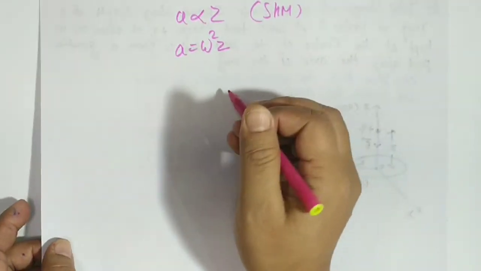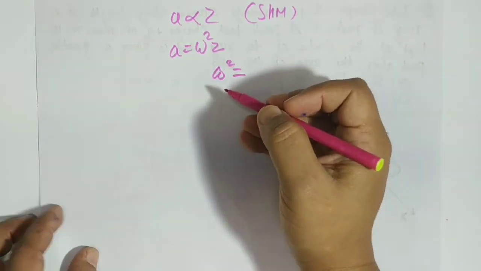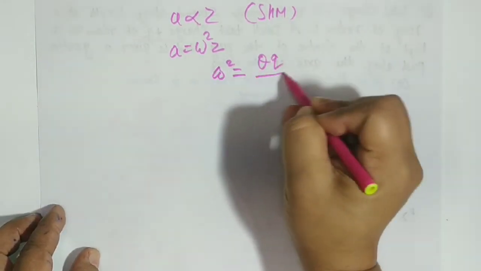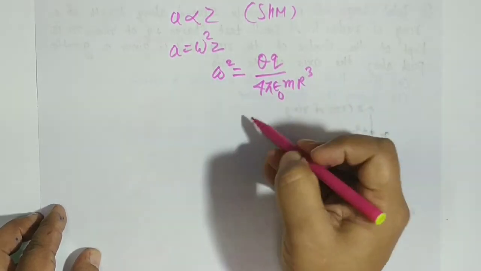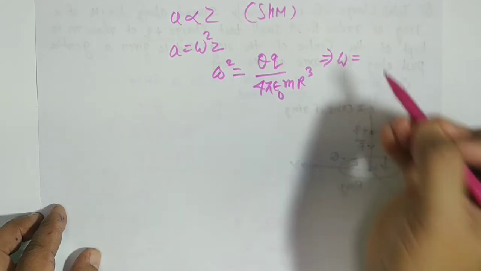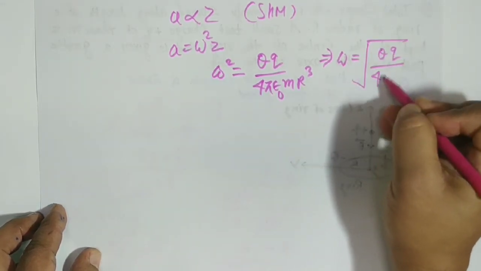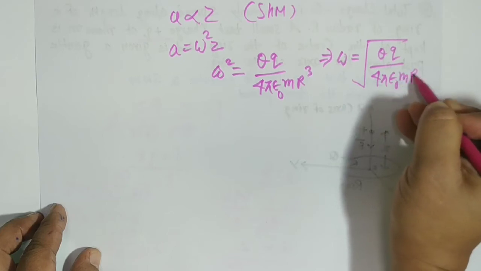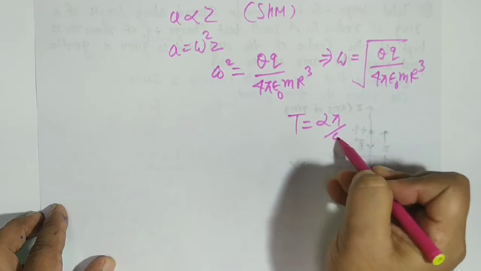Omega square will be q upon 4 pi epsilon naught m r cube. So omega you can get is root q by 4 pi epsilon naught m r cube. And do you know what the time period is? It is 2 pi by omega. So I am going to put it here.